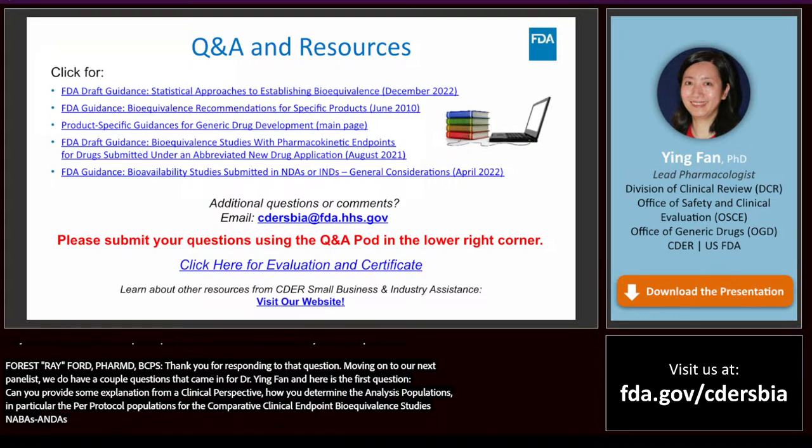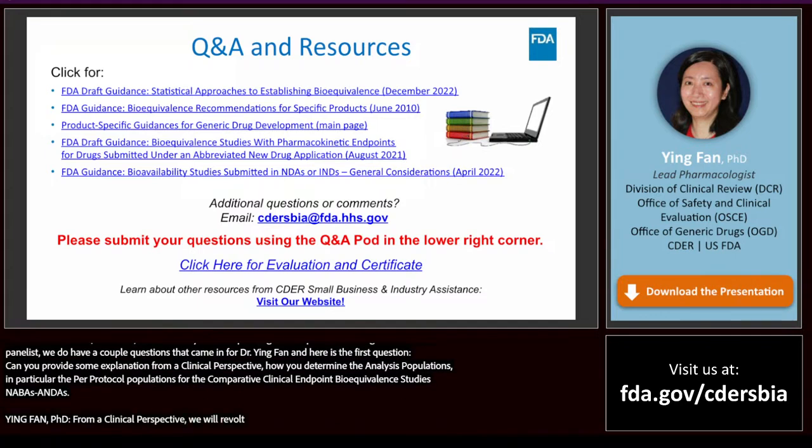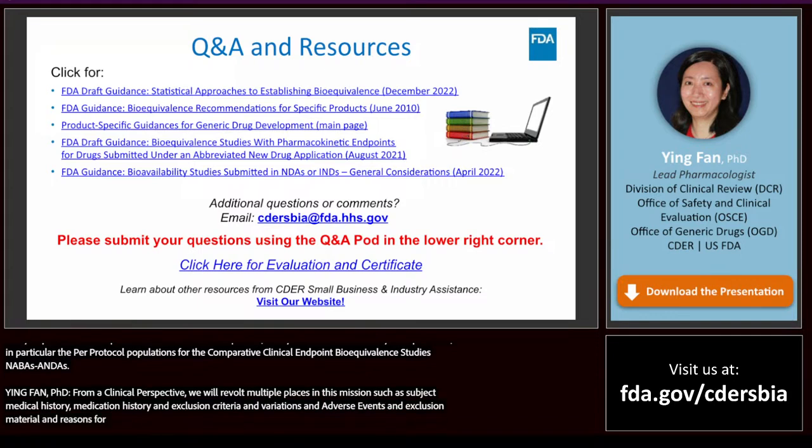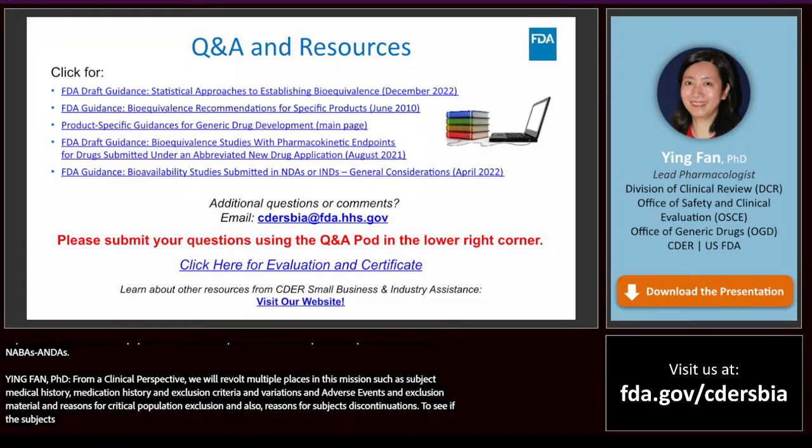From a clinical perspective, we will review multiple places in the submission, such as subjects' medical history, concomitant medications, subjects' inclusion-exclusion criteria, and also protocol deviations, variations, adverse events, reasons for per protocol population exclusion, and reasons for subject discontinuations, to see if the subjects are appropriately included or excluded in the per protocol population for the bioequivalence analysis.